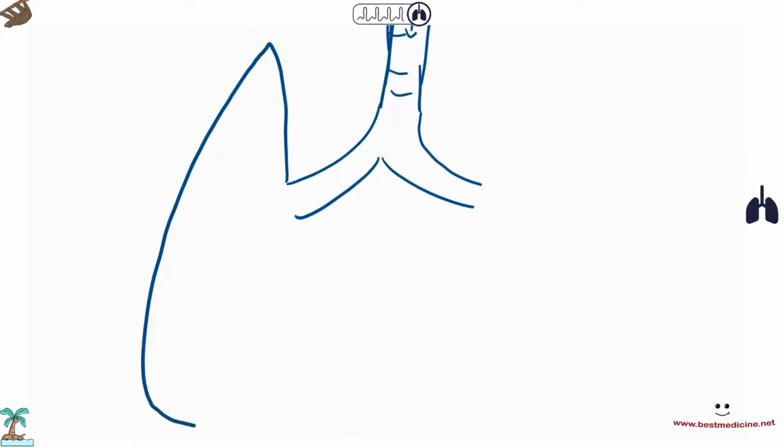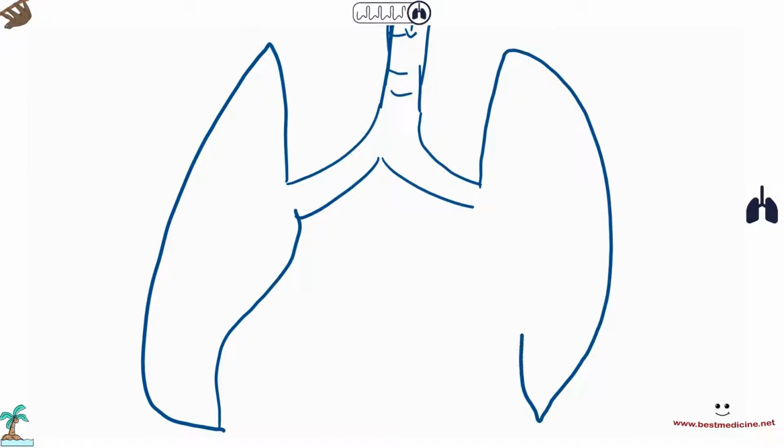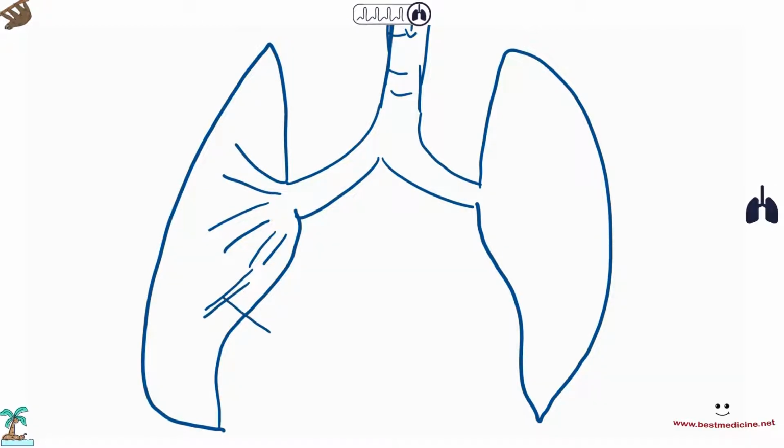So here's a lung, for example, and then here's another lung on the left side. These bronchi divide into further smaller bronchi, and then eventually these divide into smaller portions called bronchioles. And then the terminal portion of bronchioles contain the alveoli, these balloon-like sacs, which will be called alveoli.